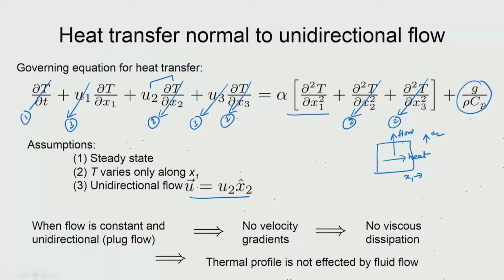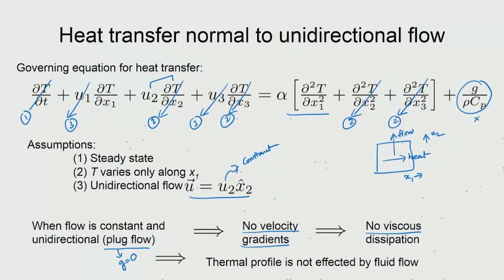Sometimes the unidirectional flow is termed plug flow. This means that u2 is a constant, not a function of the other two variables x1 and x3, so there are no velocity gradients. Viscous dissipation is caused by velocity gradients, so for a plug flow g will be 0, and in such situations you could also drop this term.